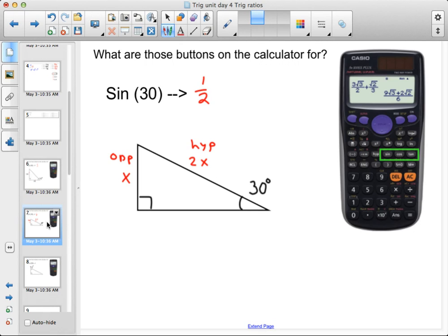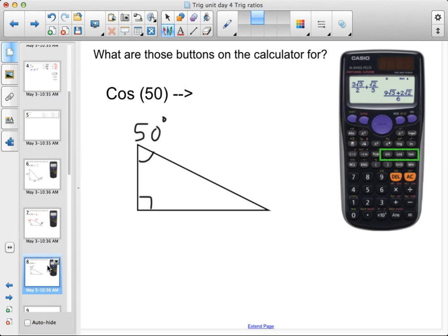Now, we're not always dealing with special right triangles, so you can find the cosine, the sine, and the tangent of a 50-degree angle, and it's going to be a different value. If you could all type into your calculators, if you have them, cosine of 50, you're going to get the number 0.64278 and then a whole bunch of other numbers.